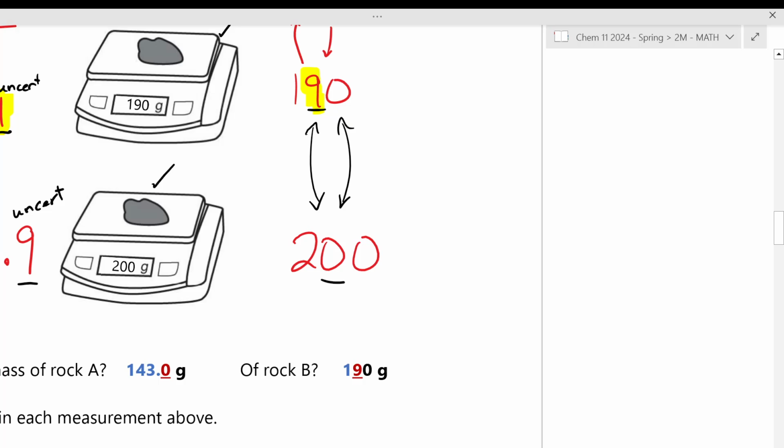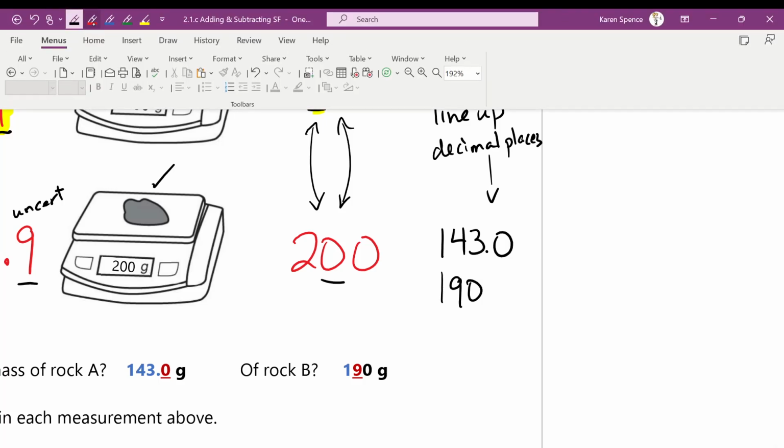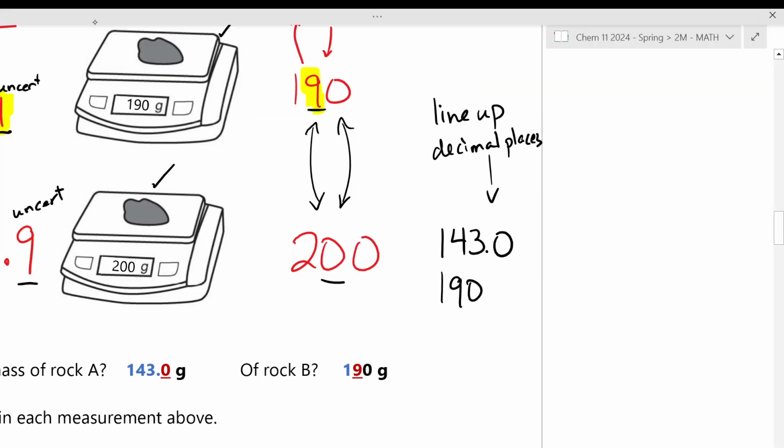I would like you to add those two, 143.0 and 190. Okay, and we have to line up our decimal places. And what I would encourage you to do here is to underline your uncertain digits, okay?